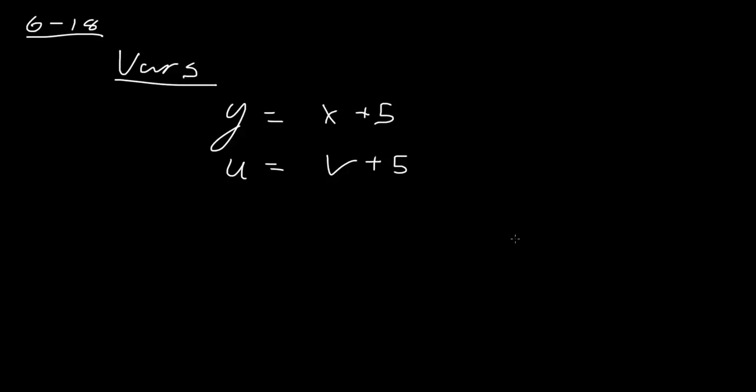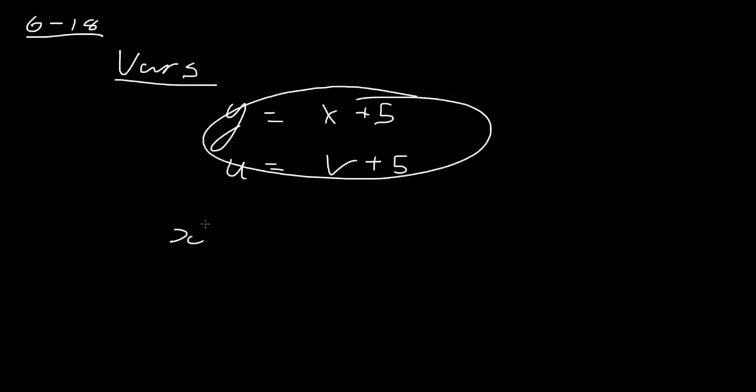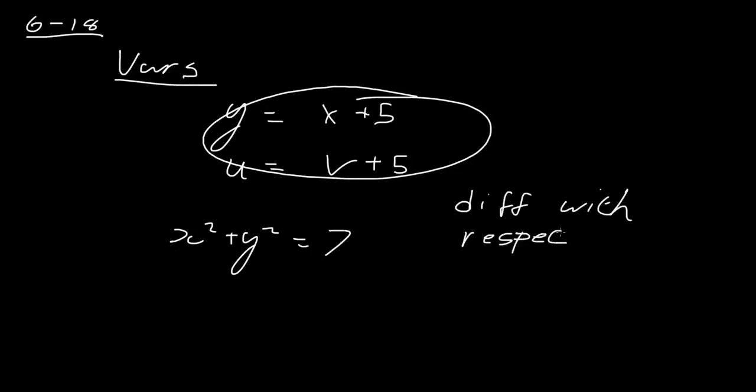Okay, so for example, if your function is written like this, x squared plus y squared equals 7, and they say differentiate with respect to y. That means you're going to be wanting to take d by dy, okay?